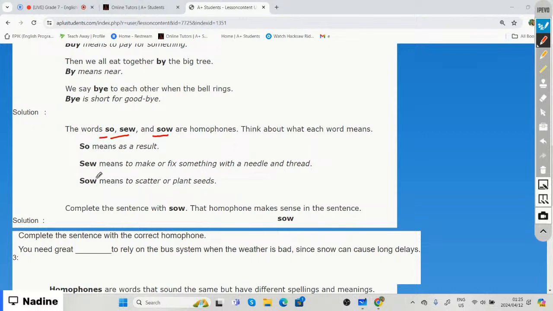The second so is S-E-W. It means to make or fix something with a needle as well as a thread. That is sew, right? And then we have another word, sow.